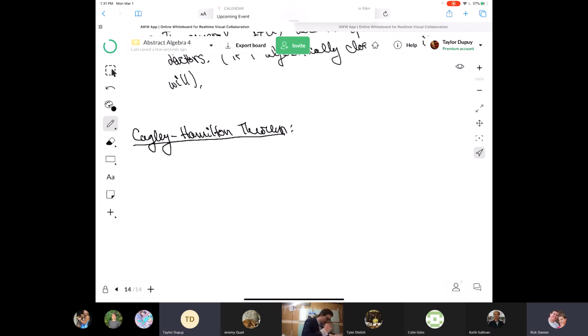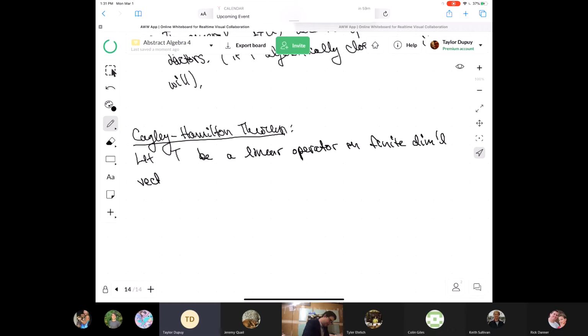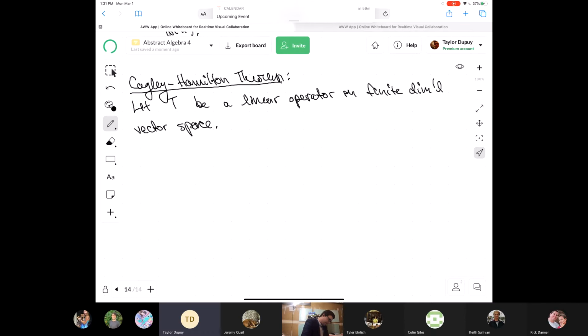It says: let T be a linear operator on a finite dimensional vector space. Then p_T(T) is 0.